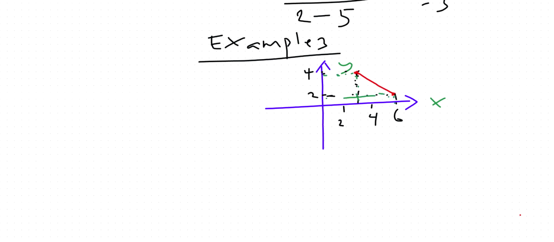From here, you can read any point first. So if I read x1 to be 3, that's this one. So this would be my x1.